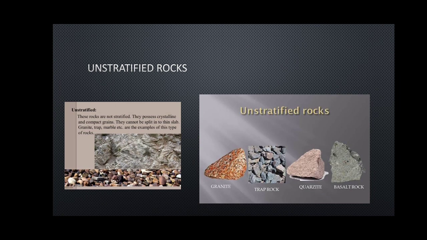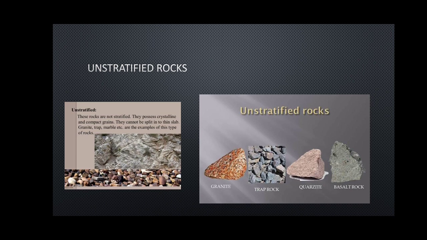While in unstratified rocks, there is no distinct layer at all. So all the igneous rocks are unstratified rocks. This was an important point. And metamorphic rocks may be either stratified or unstratified, depending upon the type of rock that has undergone transformation.